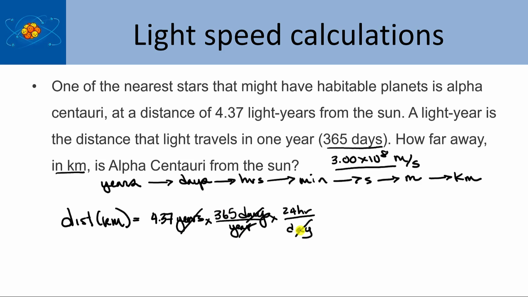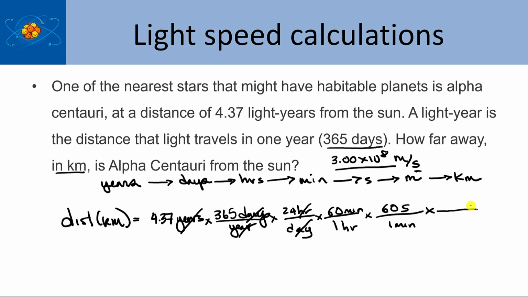So I've used my days. Now I'm at hours. I need to go to minutes, right? So every hour is 60 minutes. And then every minute is 60 seconds. And I needed to get to seconds because the unit of the speed of light is meters per second. And this is where I convert between time and distance.